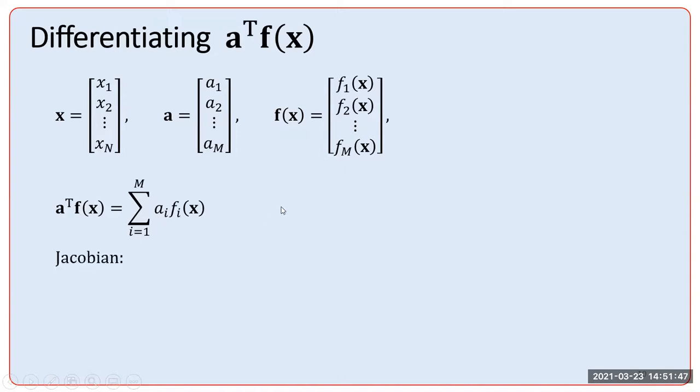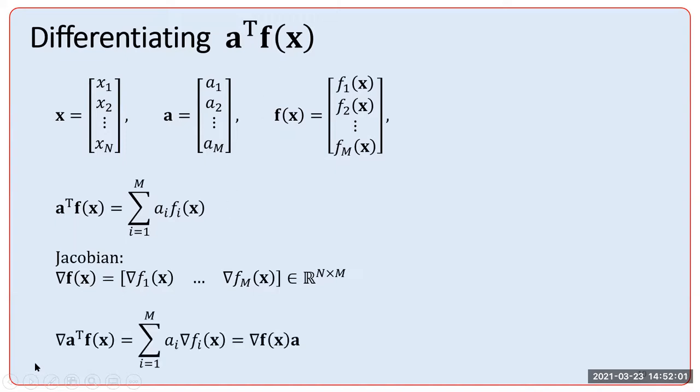And now the Jacobian is this. Del f of x, the Jacobian of f of x, is this. So how do we differentiate this A transpose f of x? I'm differentiating the scalar.